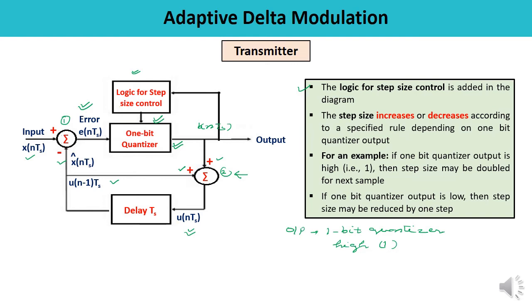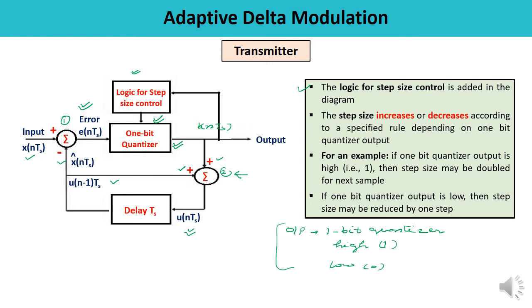This is just an example I have taken. Step size may be doubled. If the output is low, means 0, this step size may be reduced by 1 step. So you can see here there is not a fixed variation in the increase and decrease. In this particular example I have explained, depending upon the value 1, step size may be doubled or the step size may be reduced by 1 step.